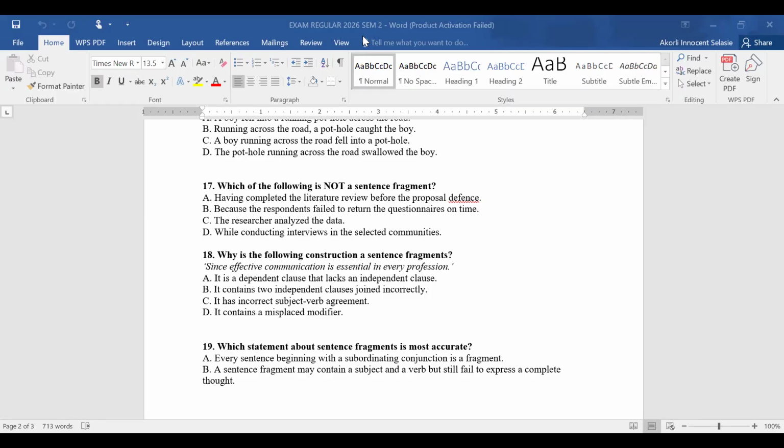If you look at this, as we did in the first semester, since effective communication is essential in every profession, it's a dependent clause. We start with the conjunction since. So the answer should be A.